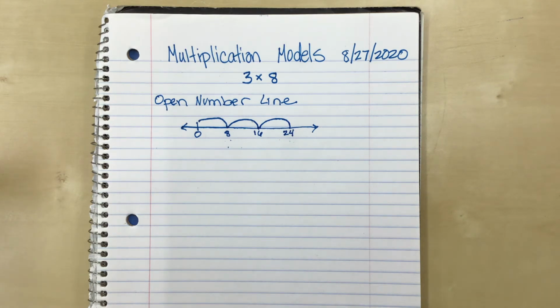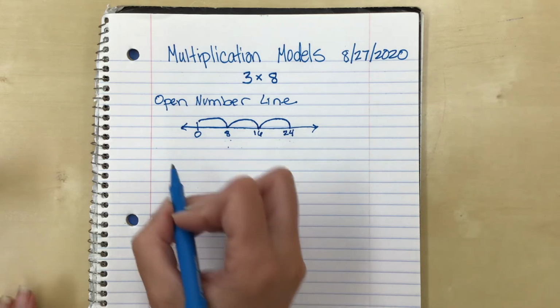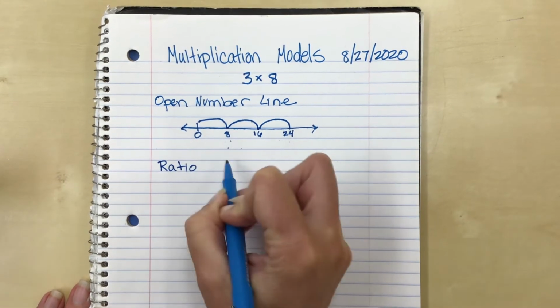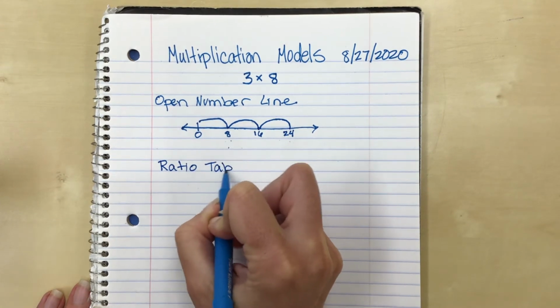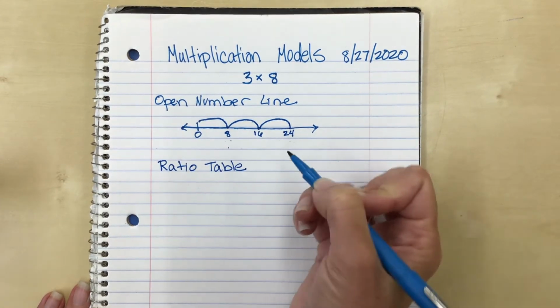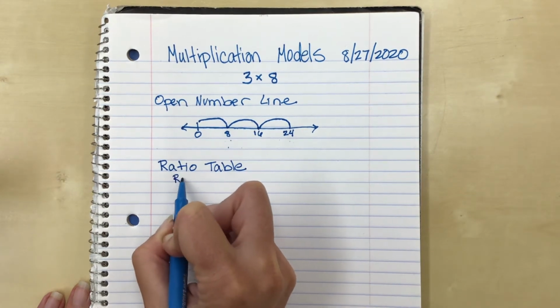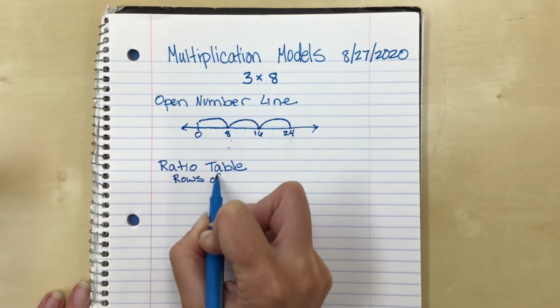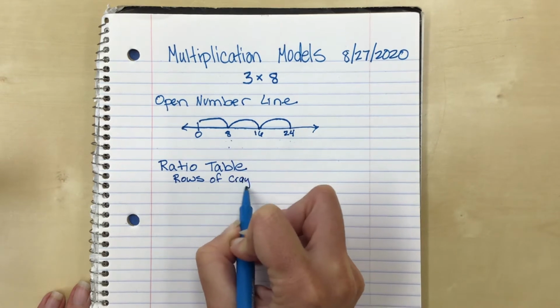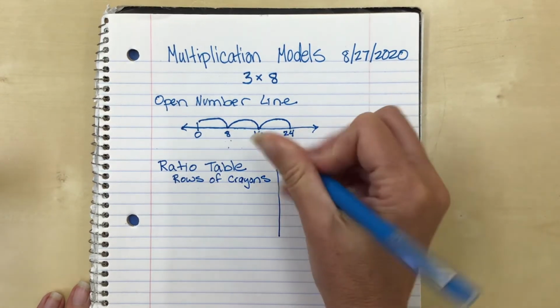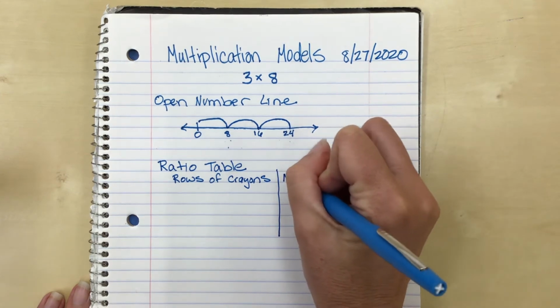All right. Our next model is going to be the ratio table. The ratio table we did yesterday, which is repeated addition. We're going to say rows of crayons on one side, and then number of crayons.